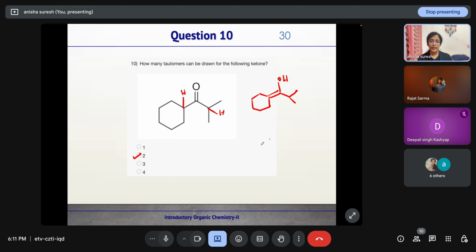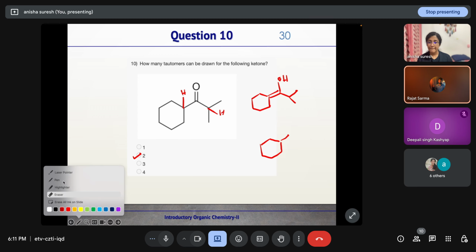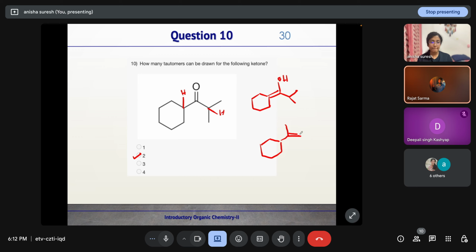This one as well as this one. So these two possible tautomers are present for this molecule.